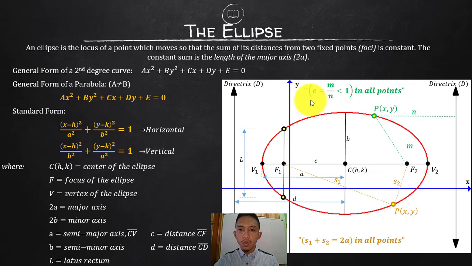So again, when do we have an ellipse? If we go back to our definition on conics, the eccentricity is the ratio of the distance of any point on the curve to the focus with respect to its distance to a fixed line, which is the directrix.